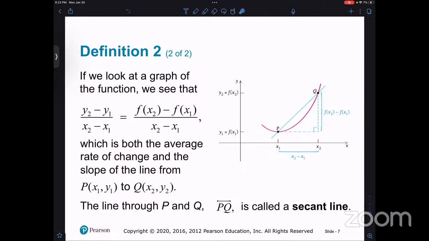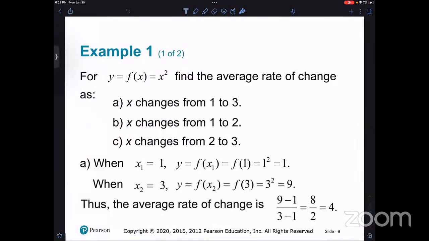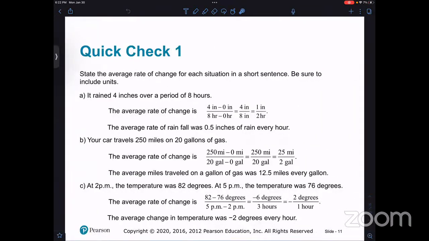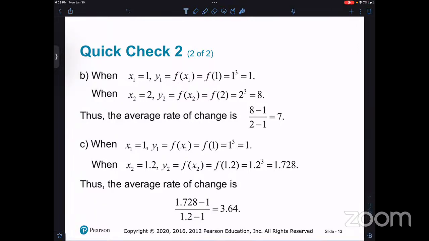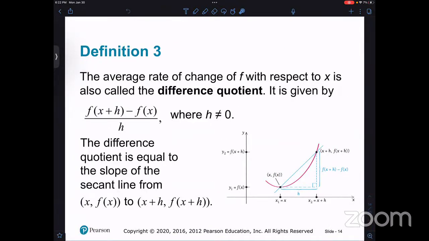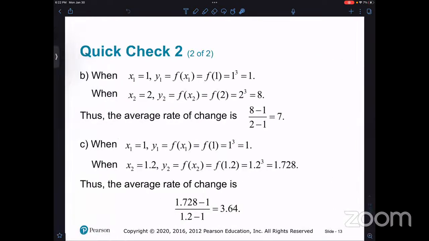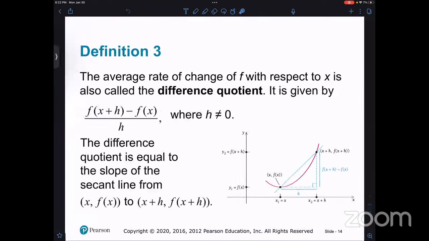But the main takeaway for average rate of change is just the slope between 2 points. So then what we're going to be doing is, that's what this slide is here. Yeah, I think that's where we left off, right? So we know how to find the slope between 2 points. That previous slide was about exploring the slope of the secant line, the line that intersects the curve more than once.